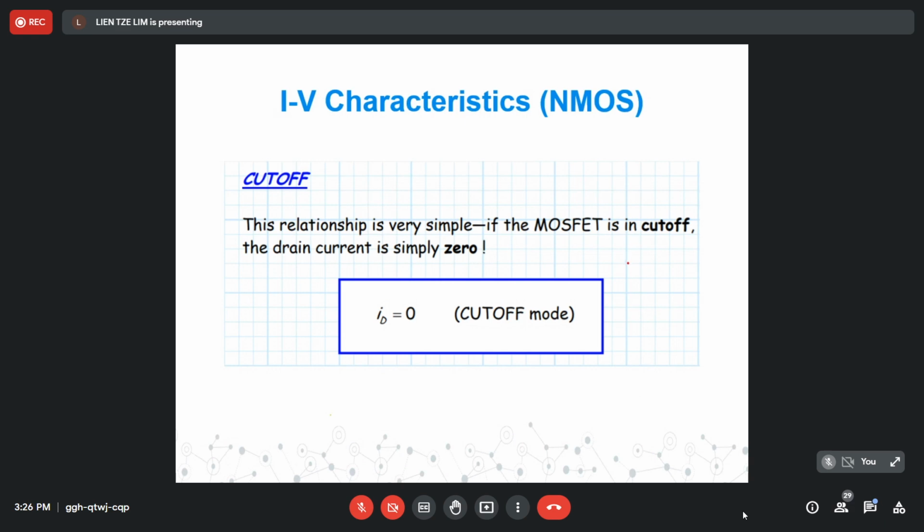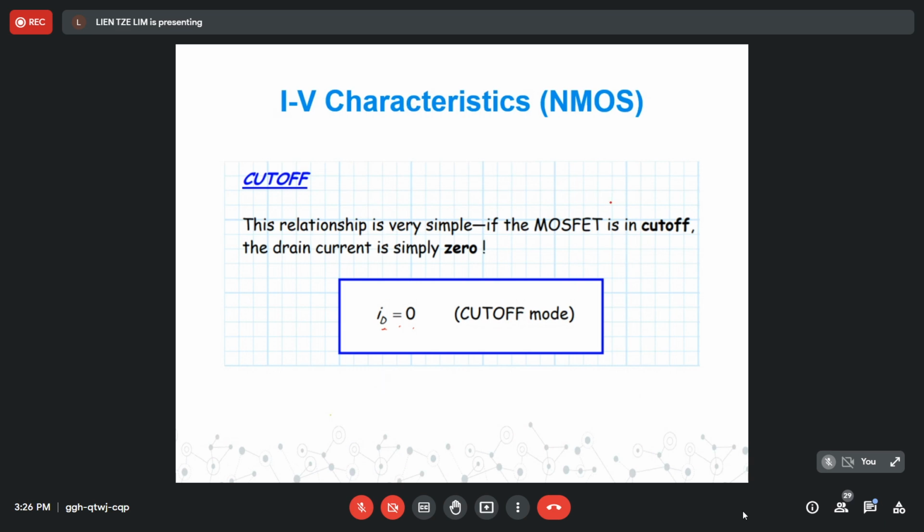Not resistor, it's transistor. Now you see that in the current slide, this is the drain current. Drain current is equal to 0. Just now I mentioned, when the drain current is 0, this is in which mode?